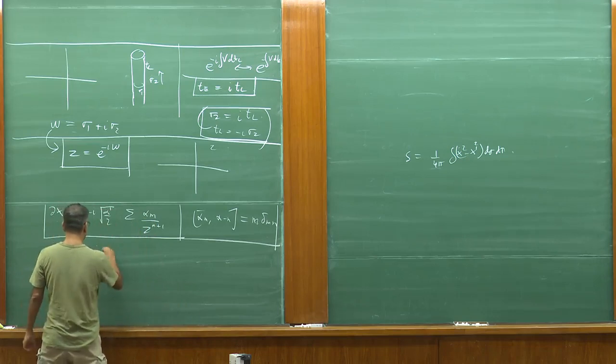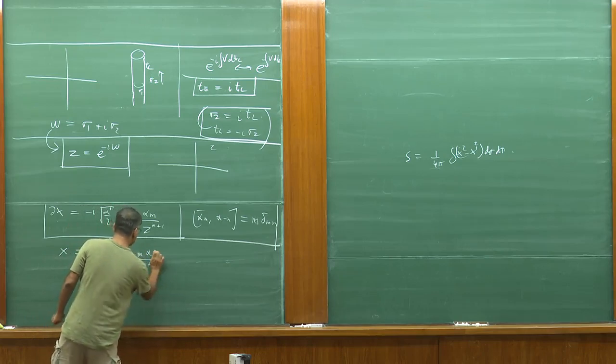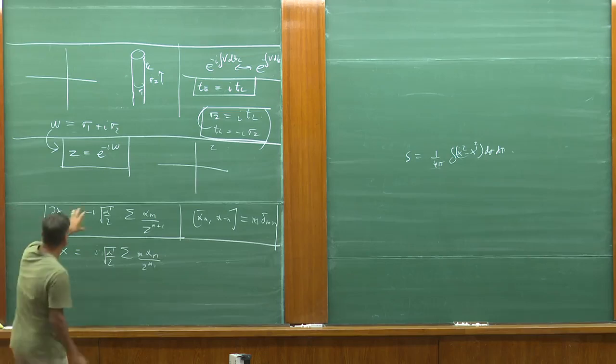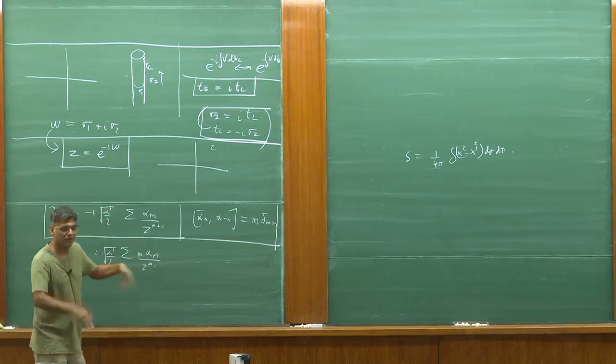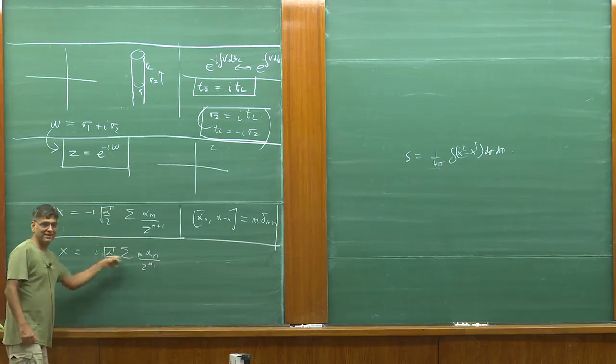So we get i square root of alpha prime by 2 sum over m alpha m by z to the power m plus z to the power m. This is the expansion in Polchinski. There's also the zero mode which involves logs. I'm not writing that; we'll come back to that as well. So we're ignoring the zero modes here. This is accurate.